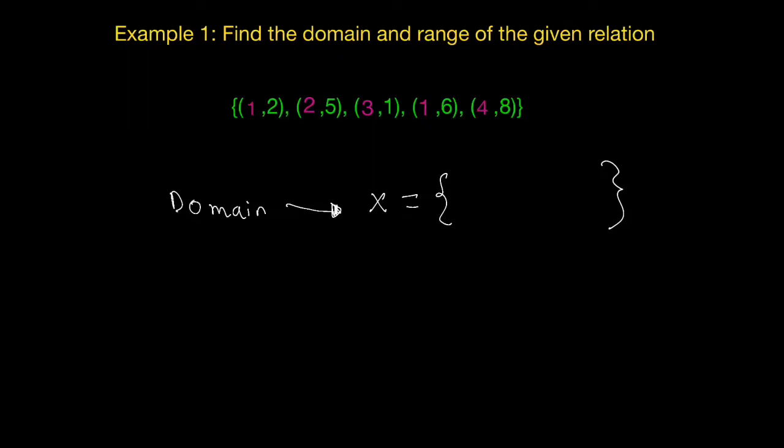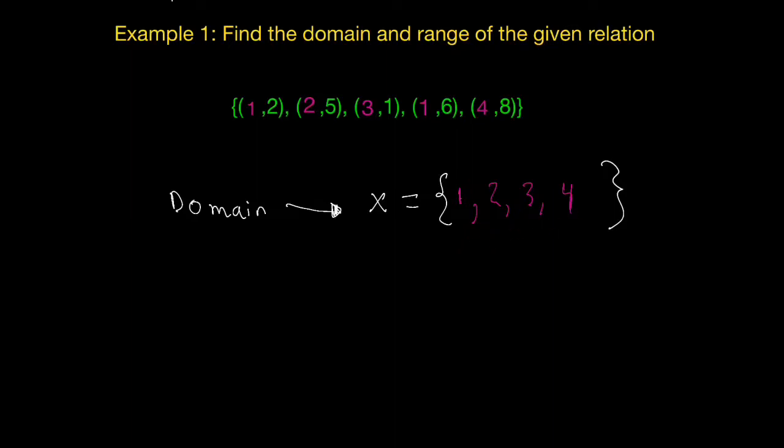Again, we have to put them from least to greatest. So 1 is my smallest value, so I'm going to write it first. Then I have 2, 3, and 4. Notice that I didn't write 1 twice because it's already emphasized that 1 is my smallest value. We don't have to write repeats.